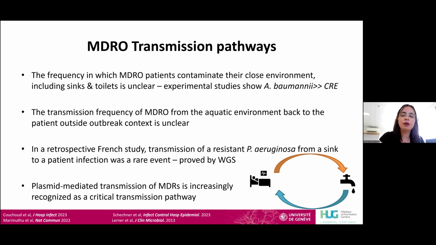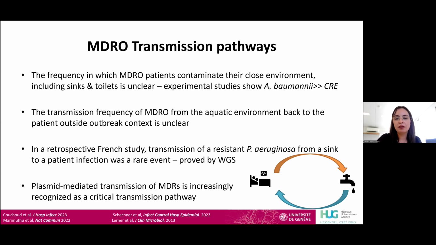And in the other direction, the transmission frequency of an MDRO from the aquatic environment back to the patient is also unclear. There was a French study that tried to assess this transmission, looking into resistant Pseudomonas aeruginosa, and they found it to be a very rare event.